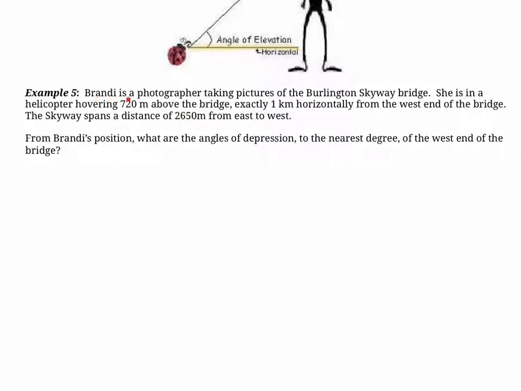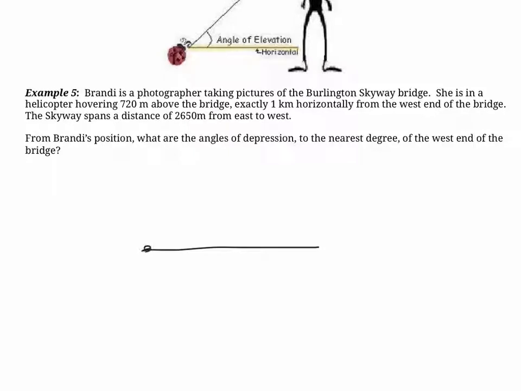It says Brandy's a photographer taking pictures of the Burlington Skyway Bridge. She's in a helicopter hovering 720 meters above the bridge, exactly 1 kilometer horizontally from the west end of the bridge. As we read this, I'm going to start drawing what we hear.